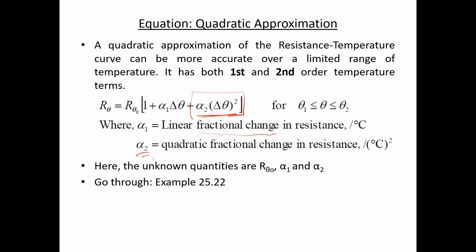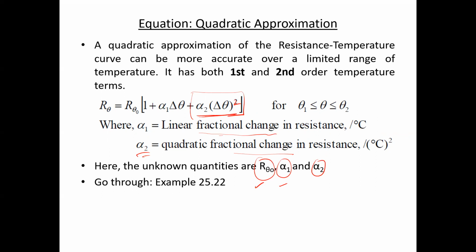And alpha 2 is the quadratic fractional change in resistance due to per degree square change in temperature because of the square which is present over here. And for this case, the unknown quantities are 3, that is r theta 0, alpha 1, and alpha 2. Whereas for linear approximation, there were only 2 unknowns.